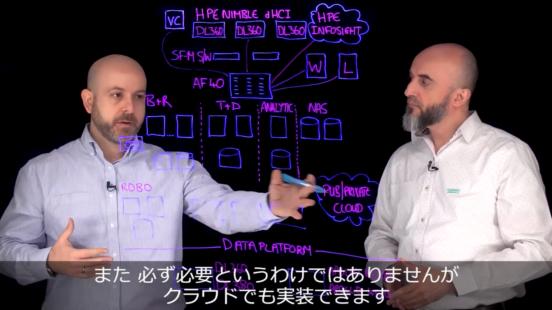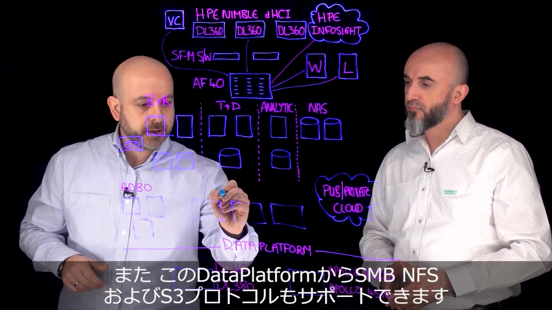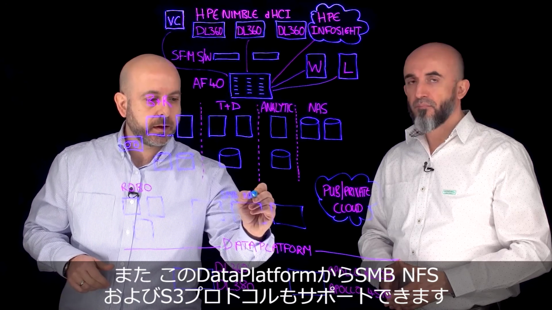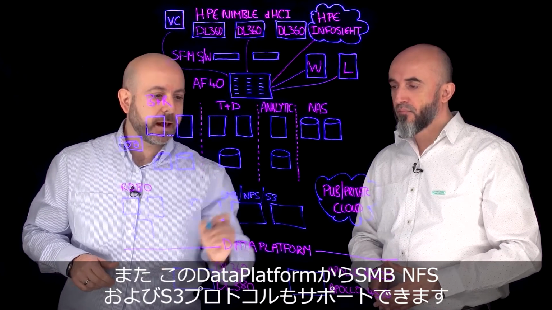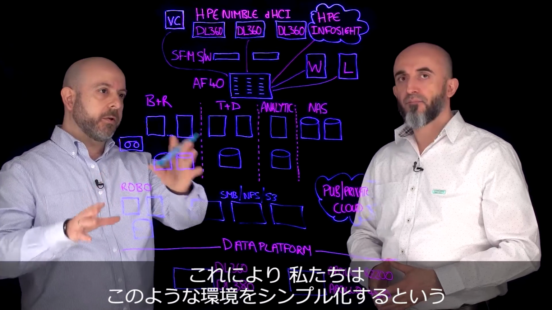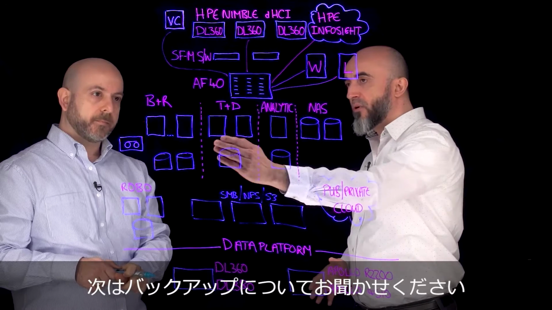It can be in the cloud as well. And we have the ability to serve SMB, NFS, and S3 protocols from this data platform as well. And so that gives us the ability to do some really cool stuff around simplifying this for a lot of customers.